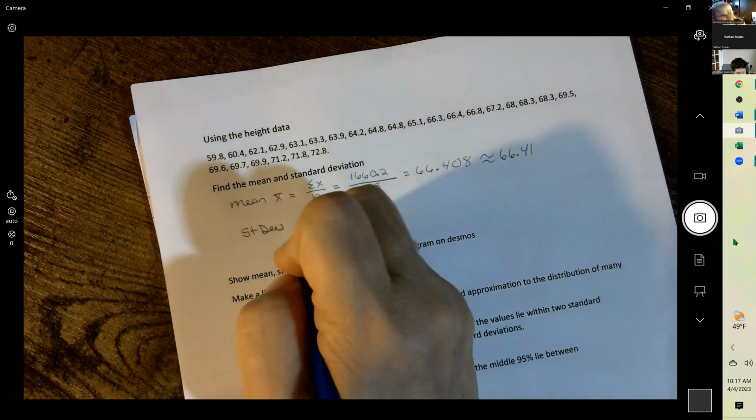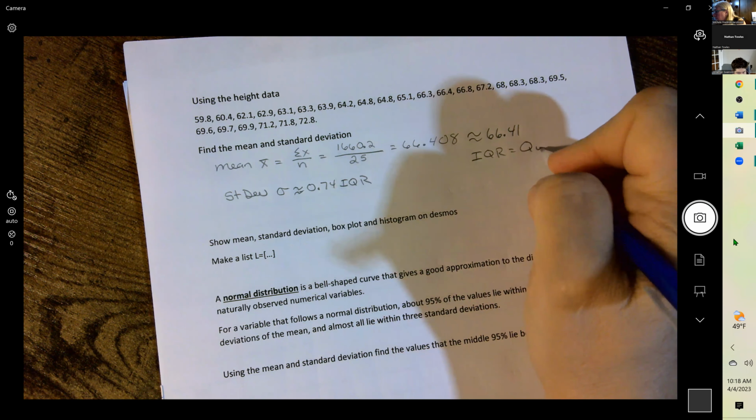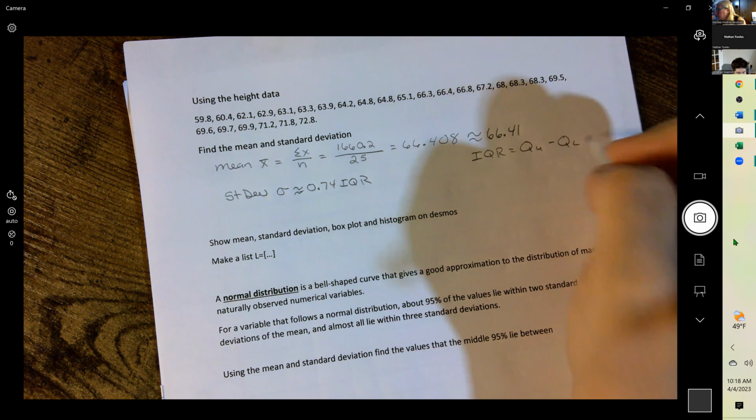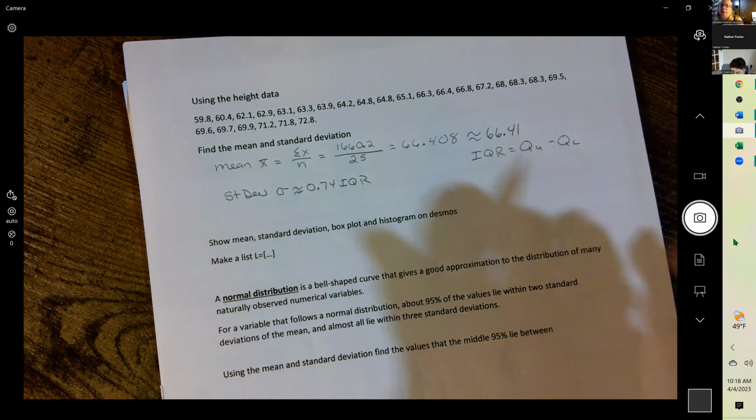IQR, remember, is the interquartile range. It's the upper quartile minus the lower quartile. So we need to find the quartiles.